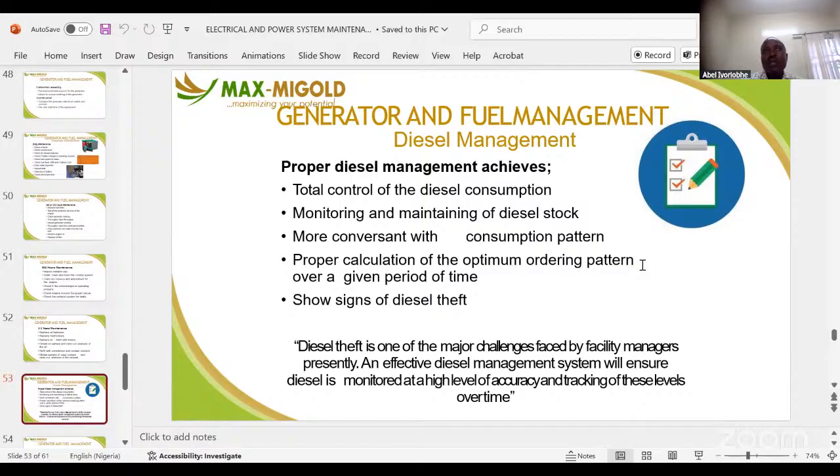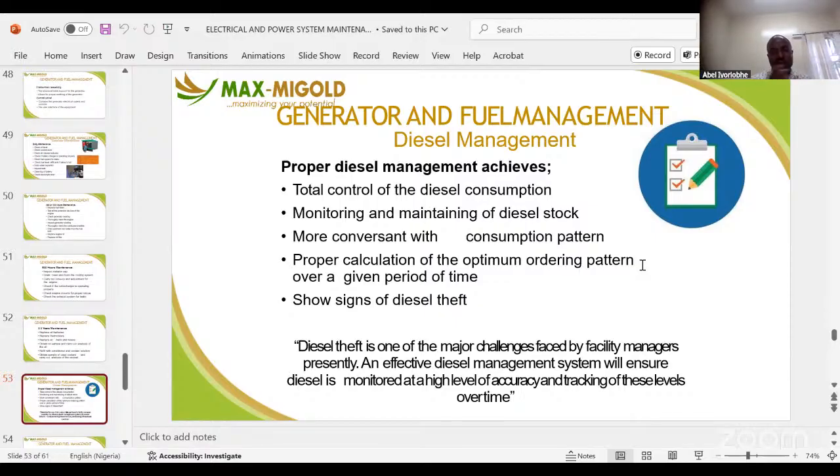So you will not be under tension to start requesting for diesel because you don't have knowledge of how your facility diesel is being used. You don't monitor, you don't do anything, it's finished, you reorder. But if you monitor and keep records, if anything happens, you know what to say.